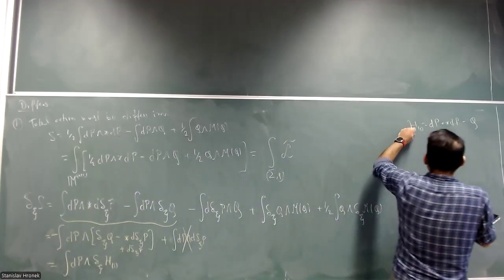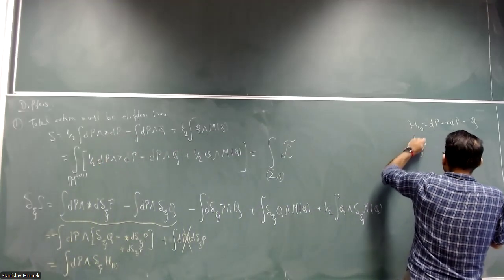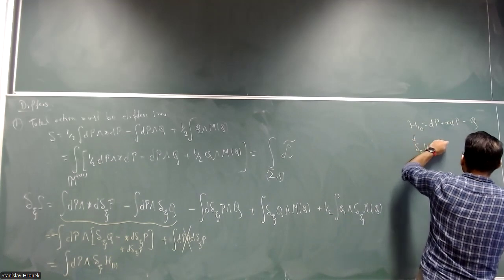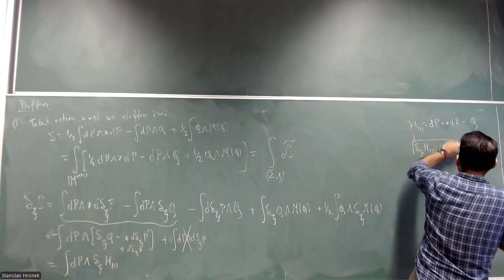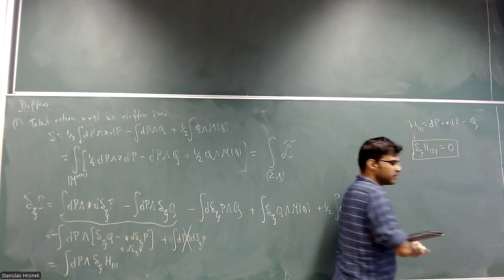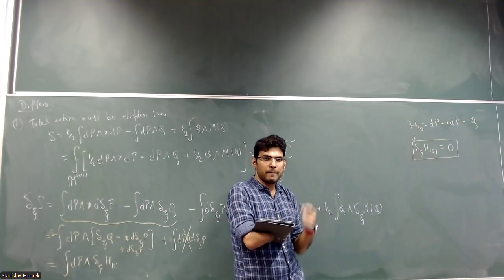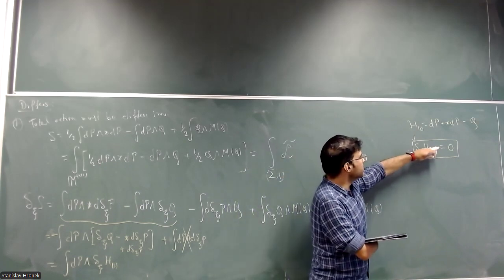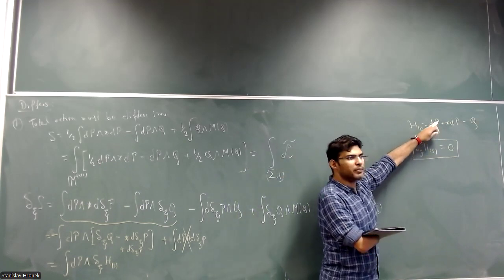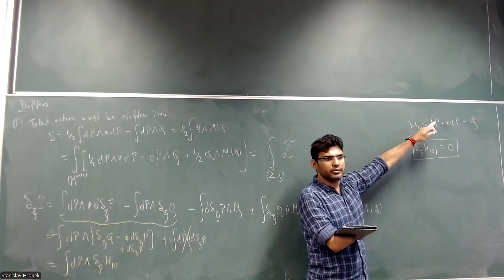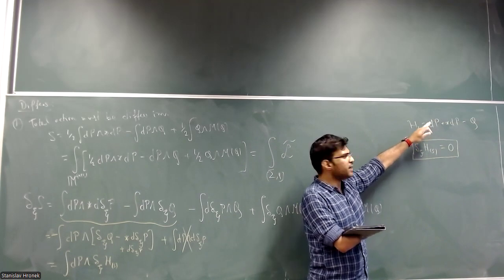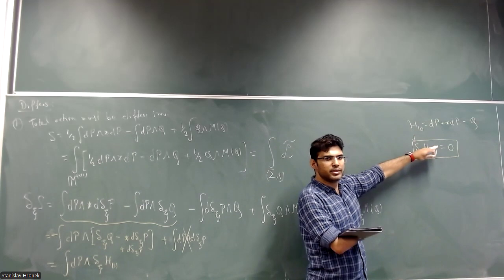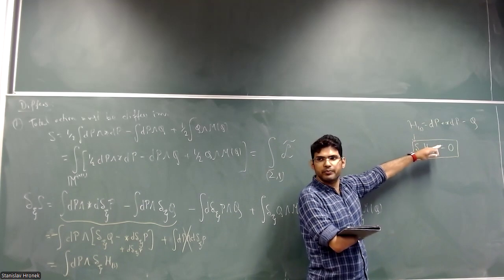So we postulate delta psi of H is zero. And the moment you postulate this, this means that the variation of the P and the variation of Q are no longer independent. They have to conspire in such a way that this combination is always invariant under diffeomorphism.